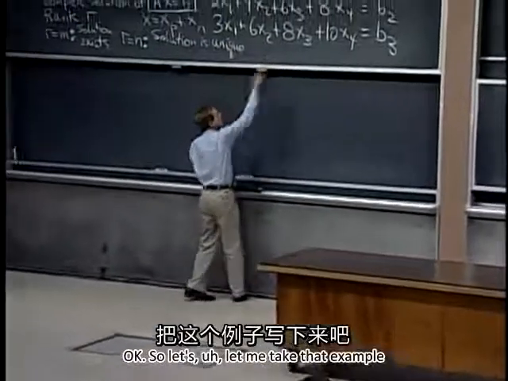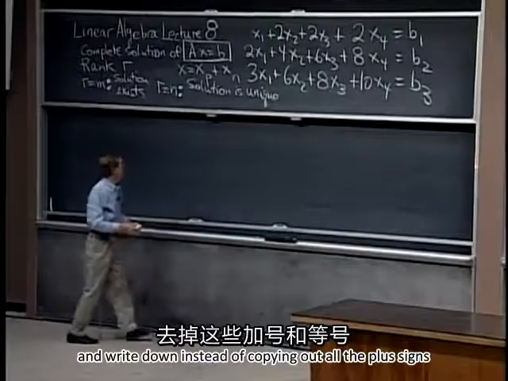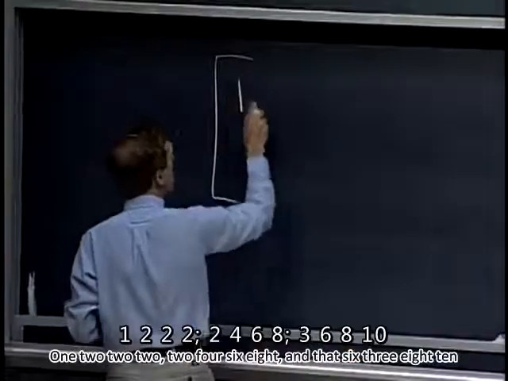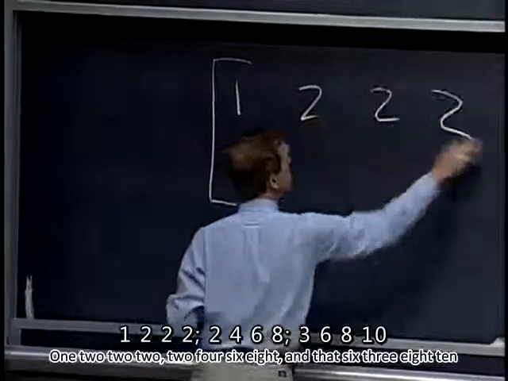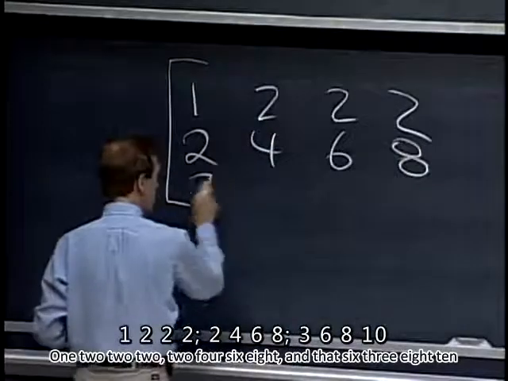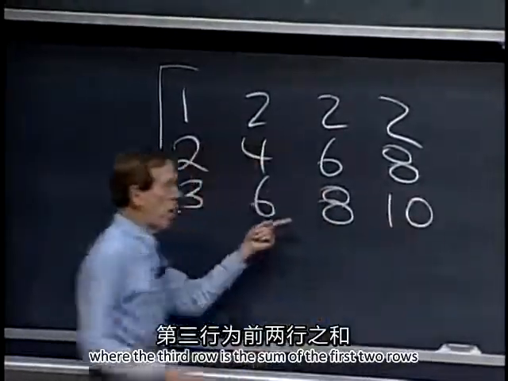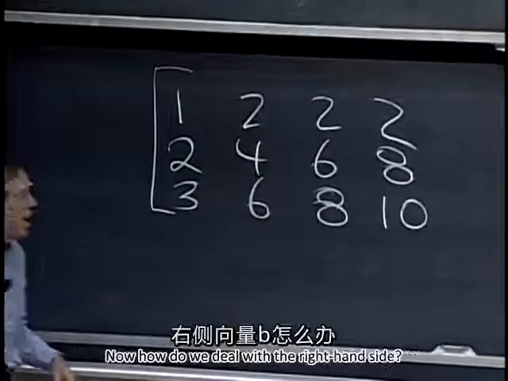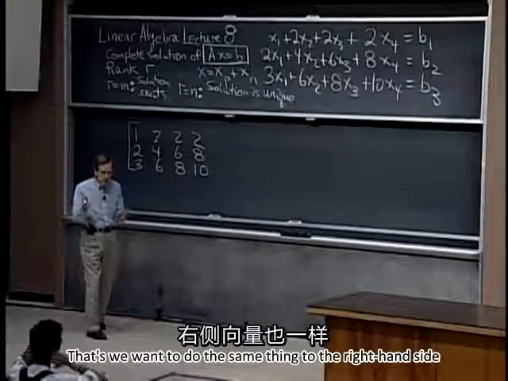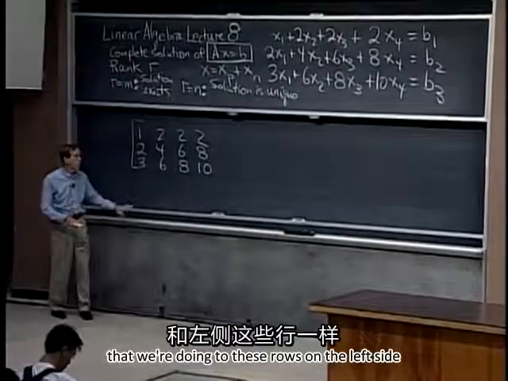Okay, so let me take that example and write down, instead of copying out all the plus signs, the matrix 1, 2, 2, 2; 2, 4, 6, 8; and 3, 6, 8, 10, where the third row is the sum of the first two rows. Now, how do we deal with the right-hand side? We want to do the same thing to the right-hand side that we're doing to these rows on the left side.